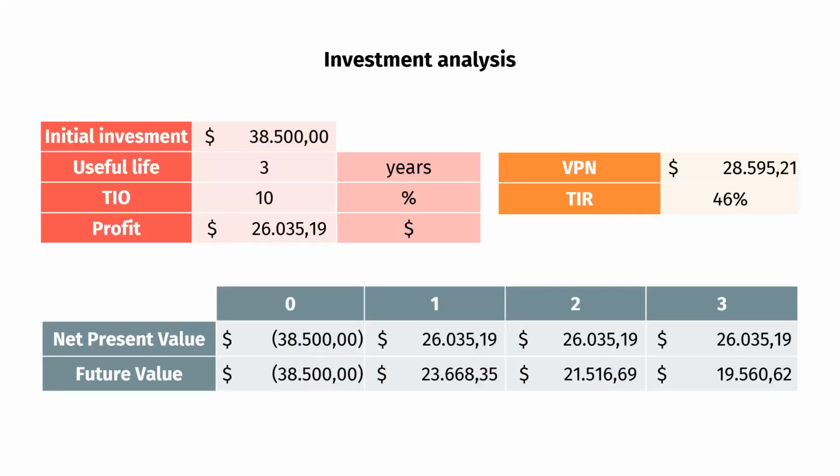As mentioned above, the profit of the company is $2,635, taking into account that the machine has 3 years of life and the internal rate of opportunity of 10%. Then we calculate the net present value and the future value. For the first row, there is an ideal condition where there is no depreciation, and for the second row, there is the real condition.